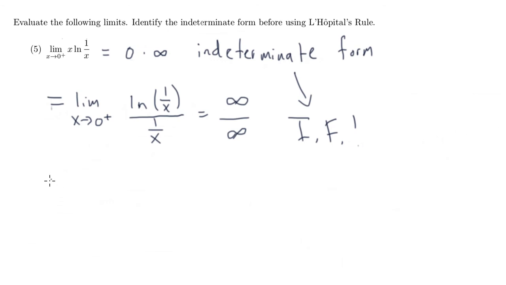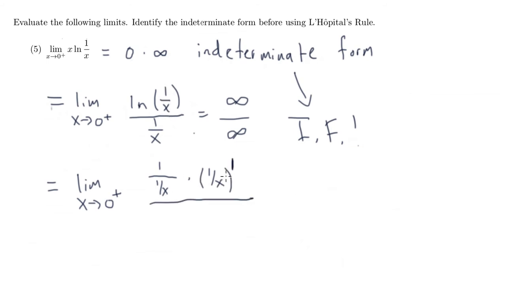So what does L'Hopital's rule tell us? Well, that this is the limit as x goes to 0 from the right. The derivative of the numerator, well, that's going to be 1 over, so the derivative of log of something is 1 over that something times the derivative of what you were taking the log of. And I'm just going to write it as 1 over x prime, and you'll see why I'm doing that in a second.